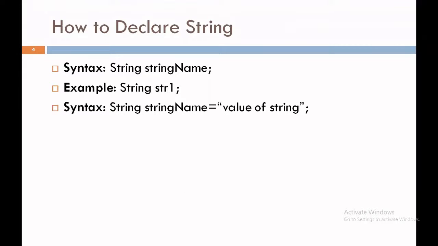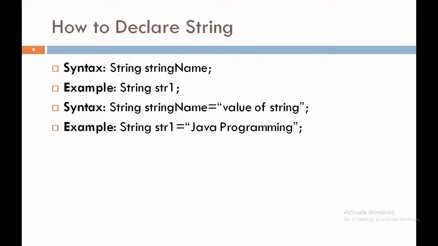Another way in which we can declare a string is like this: String name equal to value of string. For example, String str1 equals "Java programming". As I said earlier, unlike other programming languages, strings in Java are not a primitive type. It is an object of the predefined class named String.